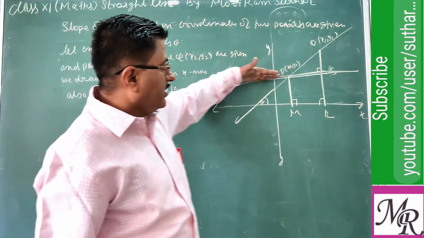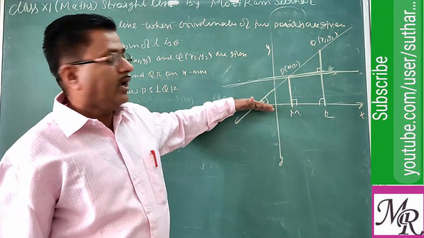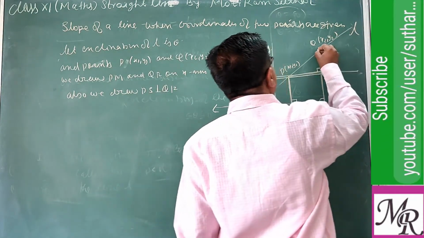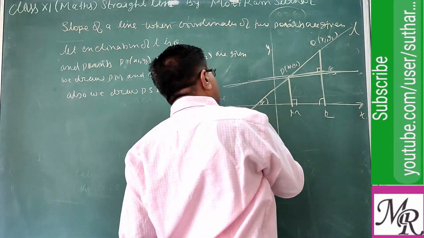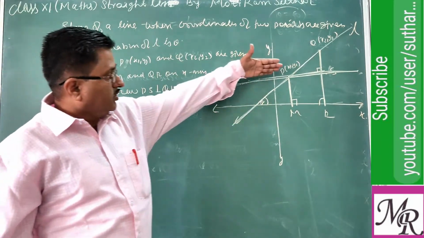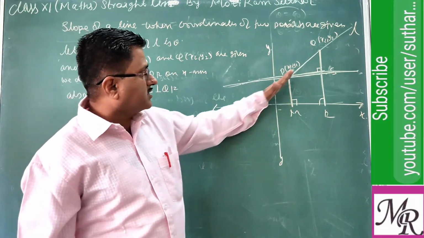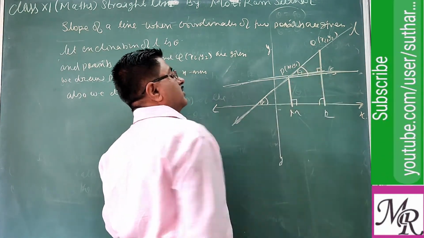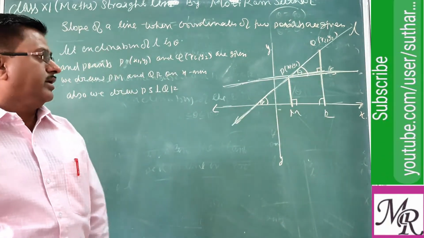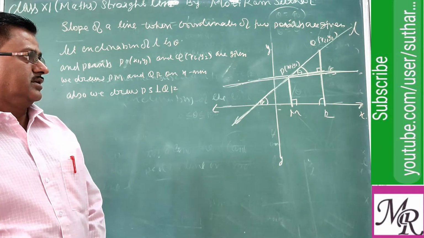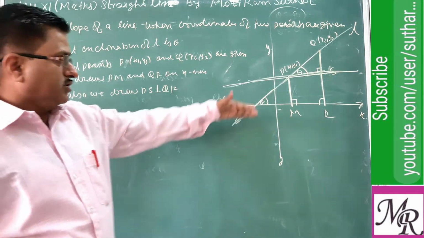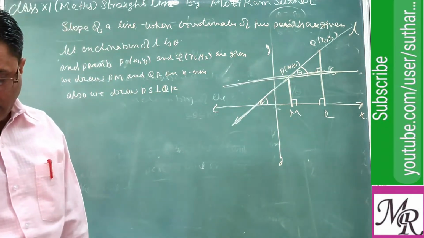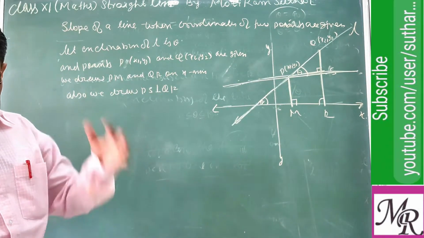So this line is parallel to the x-axis, and we are saying this L works as a transversal line. These two lines are parallel and this is a transversal line. So these two angles are equal because they are corresponding angles. If these two lines are parallel, then these two angles will work as corresponding angles.